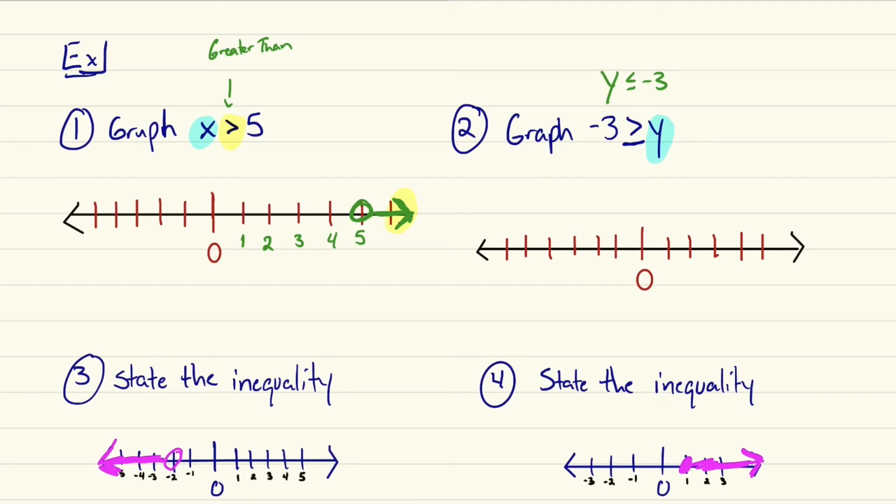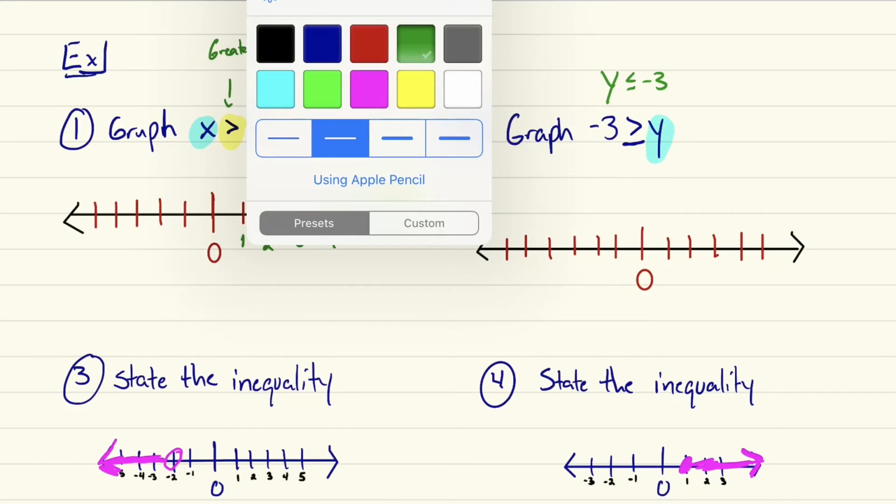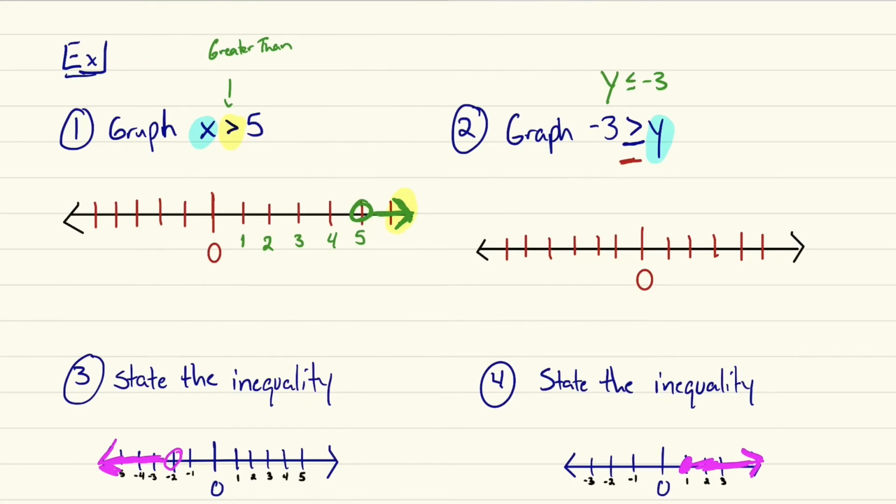same thing. So if we look at the original equation, and I'll underline this in red for you guys so you can see it, right here the inequality sign was pointing towards the y, and now when I flipped everything around, the inequality sign still is pointing towards the y.